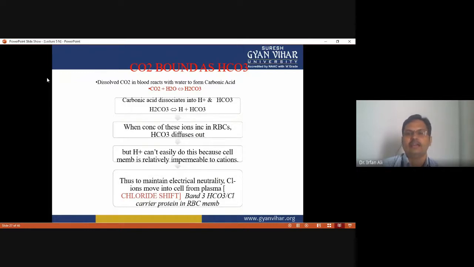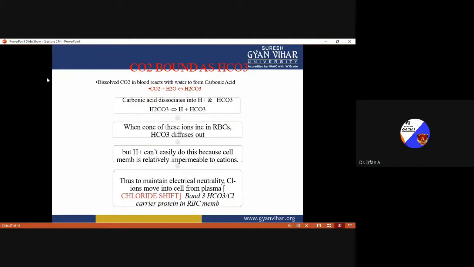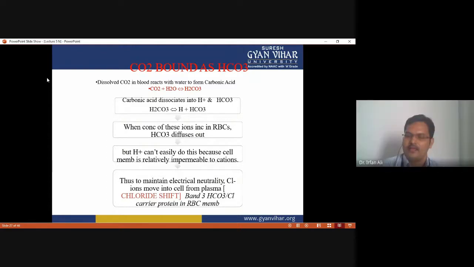But hydrogen ion can't easily do this because the cell membrane is impermeable to the cation. Therefore, to maintain electrical neutrality, the chloride ion moves into the cells from plasma. Okay, and this process of shifting of chloride ion into the RBC while bicarbonate ion diffuses out into the blood plasma is called chloride shift.